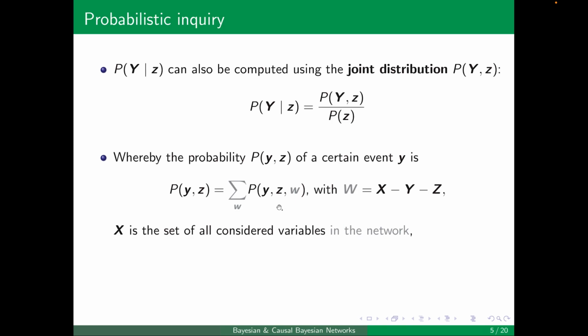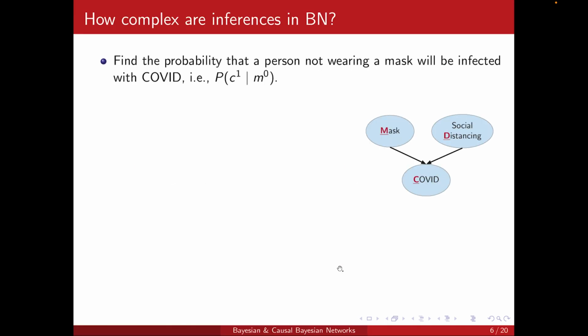So I try to write this P of Y, Z as a marginalization of P of Y, Z, W, all of them together. This is basically X. I just marginalize out W. And in the same way, I can get P of Z when I marginalize P of Y, Z over Y.